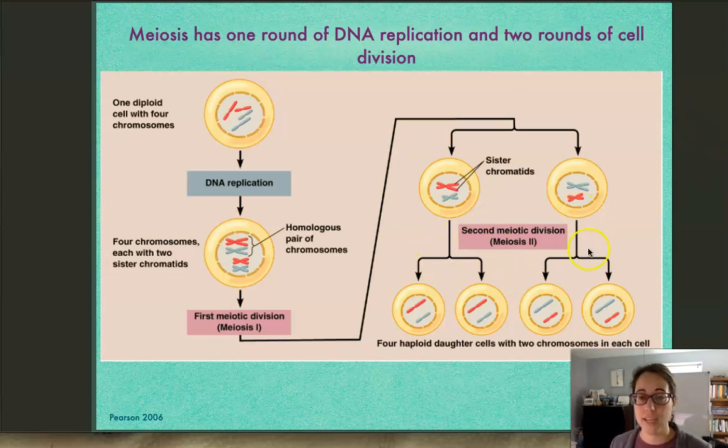Then we go through the second division, where we separate out chromatids. The second division is more similar to mitosis, which we talked about yesterday, in that we're separating chromatids. The first round of division is different, because we're separating homologous pairs rather than chromatids.